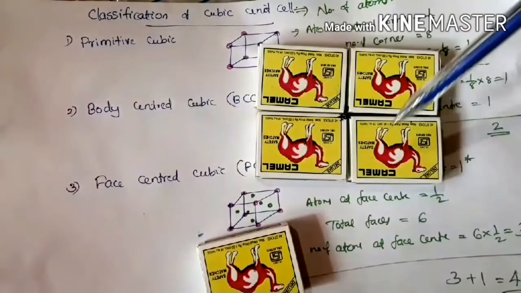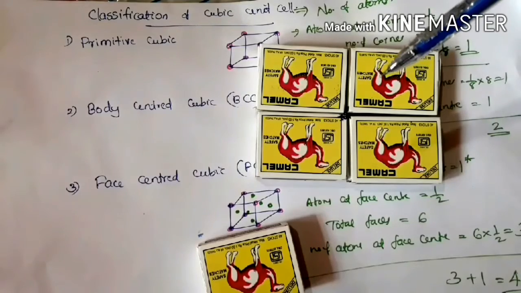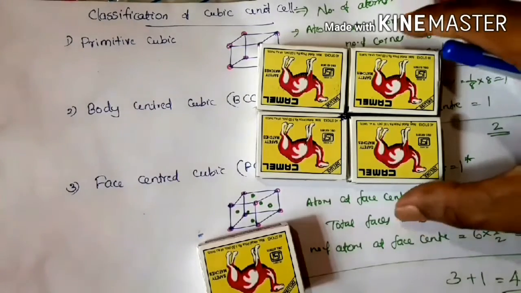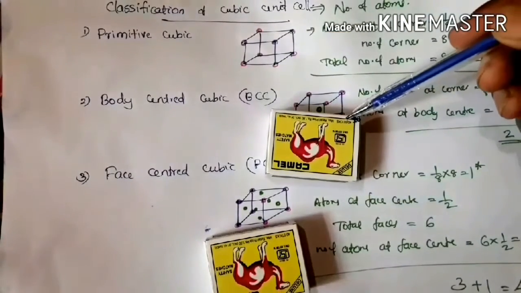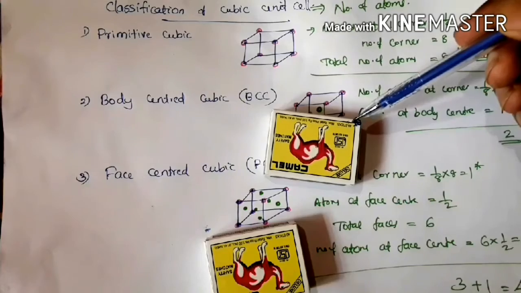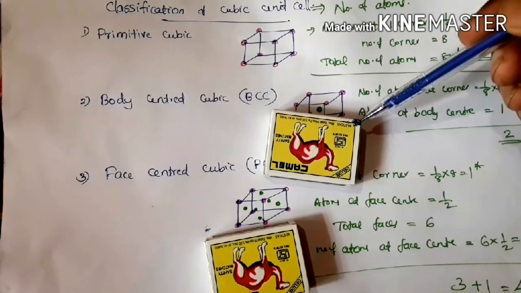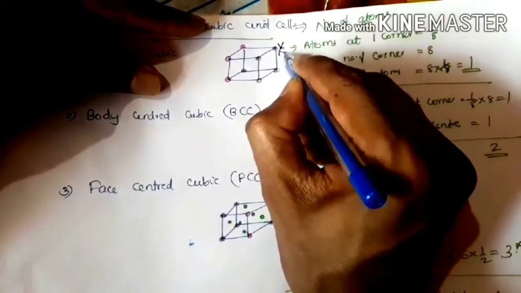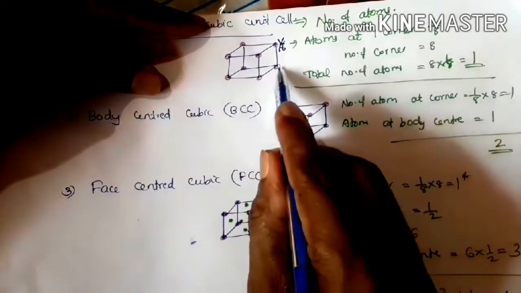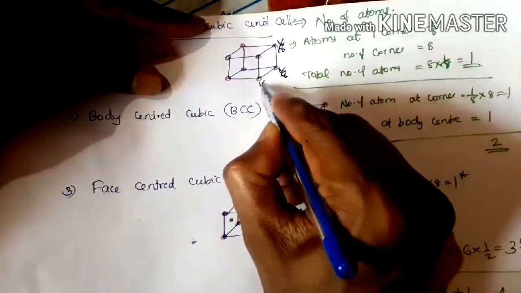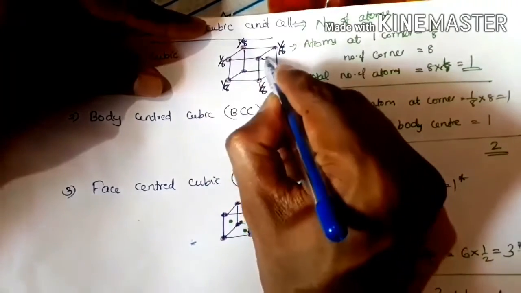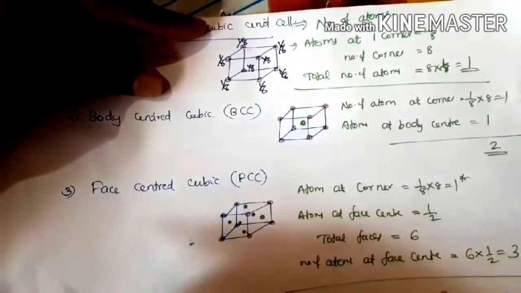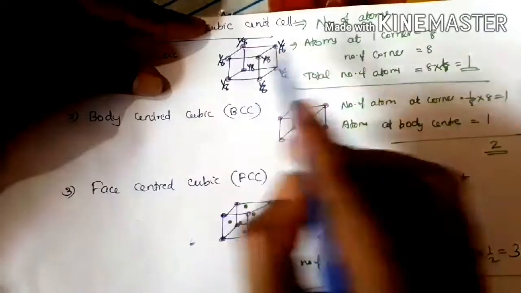Therefore, the amount of the atom present in one corner is 1 by 8 of that atom. Similarly, the other atoms also share 1 by 8th portion.